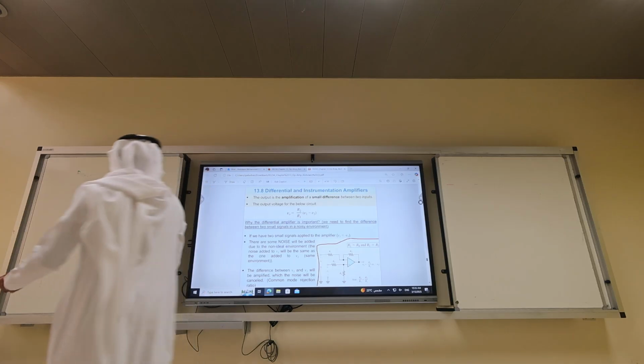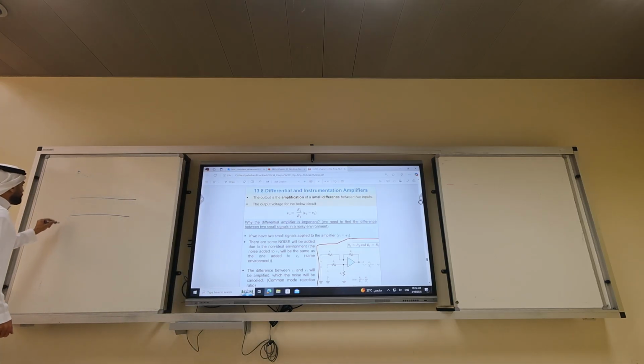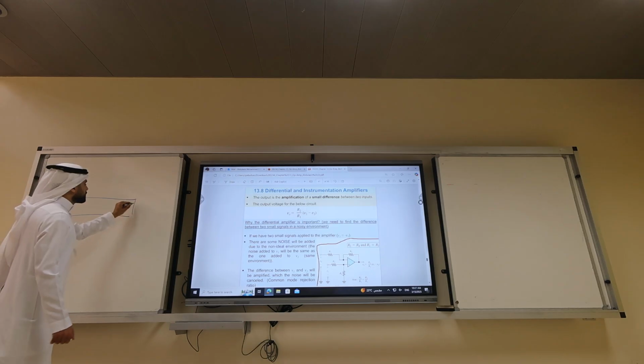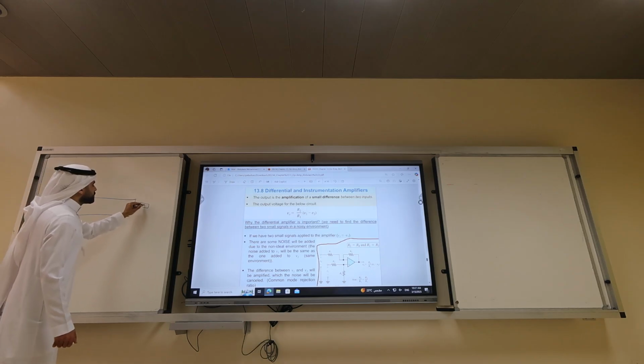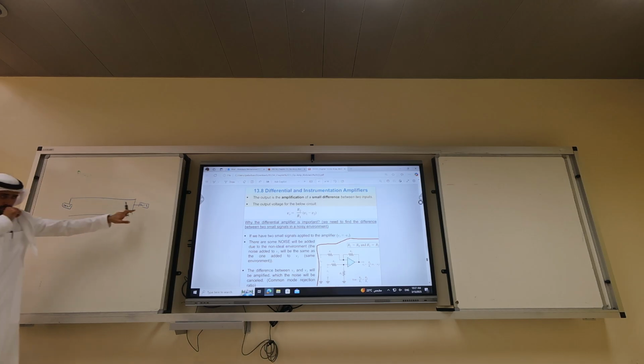I don't know how to draw a pipeline. Let's say this is a pipeline, okay? You have to put sensors here. So here we have sensor 1, here we have sensor 2, right? You measure the pressure here, you measure the pressure here.